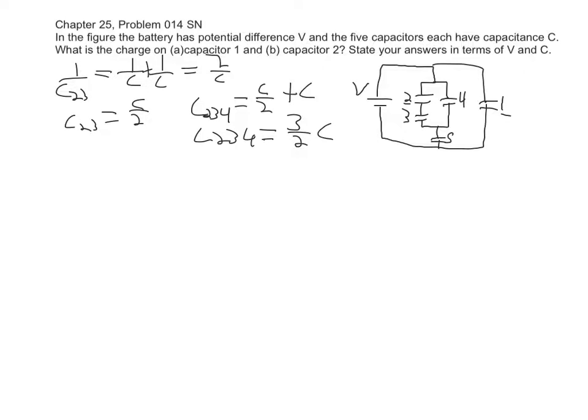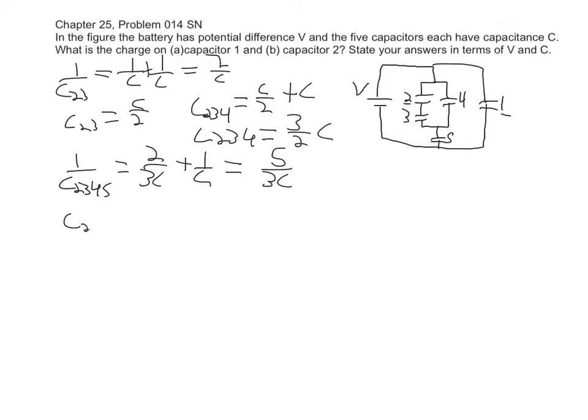So C234 would be equal to 3/2 C. And then if we wanted to combine all 4 of those together, we would observe that 1 over C2345 is equal to 1 over C234, which is 2 over 3C, plus 1 over C for the 5th capacitor. And so that would come out to be equal to 5 over 3C.